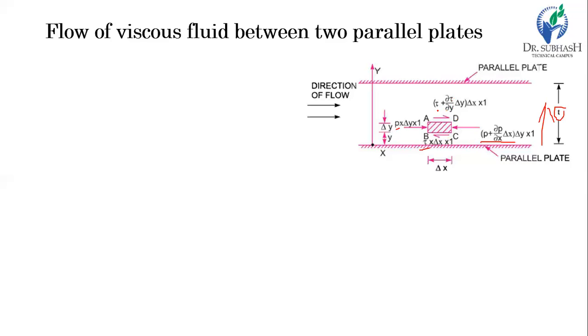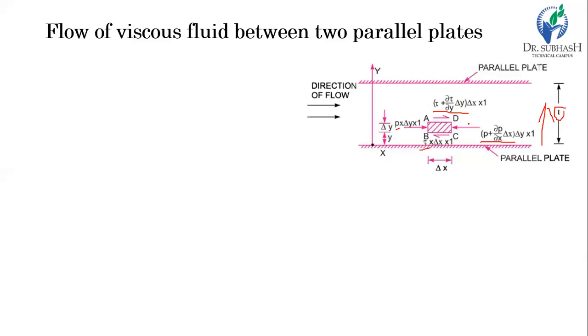In the vertical direction we have considered y. So the shear stress is tau plus del tau by del y into delta y. If this is the intensity of shear stress, then the shear stress force is the stress times the area, which is delta x times 1. So this is the total shear stress force on this side AD.